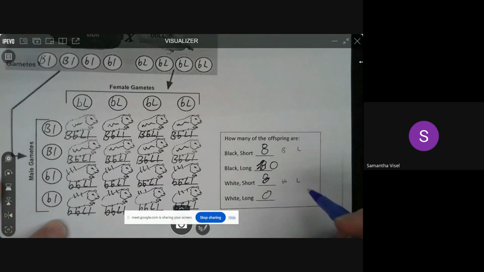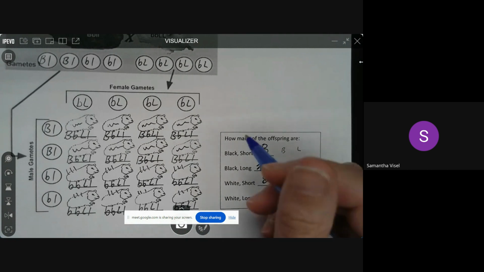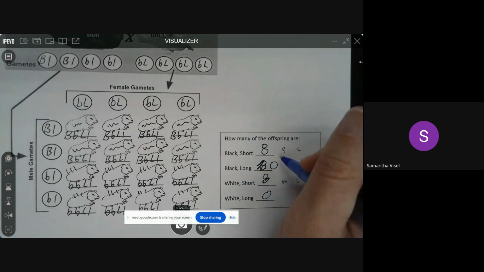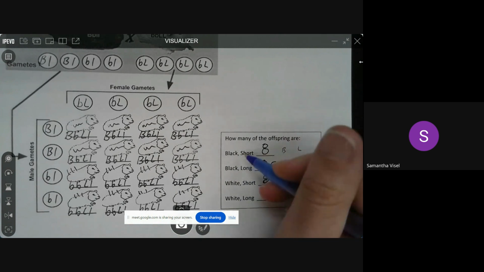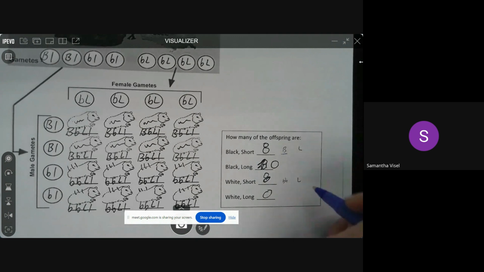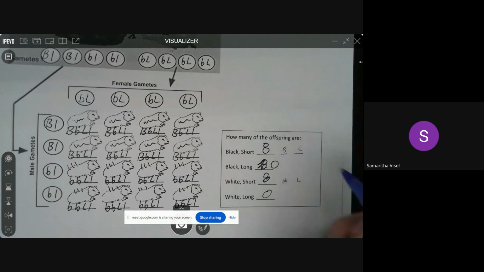So we got our little cheat sheet here. Again, when you're going through and you're counting each, keep in mind what would have to be present in order to see that type of offspring. So again, black is dominant over white, short is dominant over long. So an uppercase B for black, and I would need one uppercase L for short.